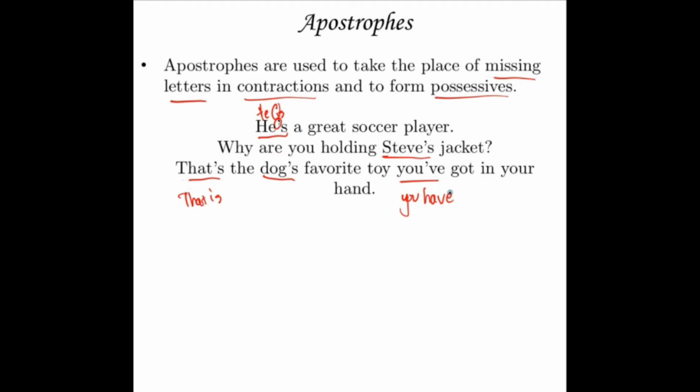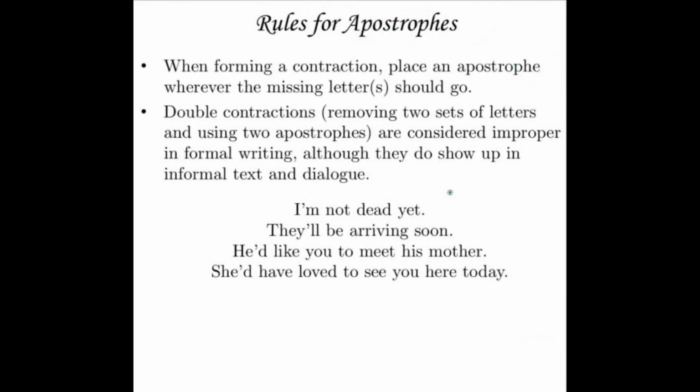All right? So let's look at some of the specific rules for apostrophes. When forming a contraction, which is where you stick 2 words together and leave some of the letters out, place an apostrophe wherever the missing letter or letters should go. So, for example, in "he's a good soccer player," you took out the I and replaced it with an apostrophe.